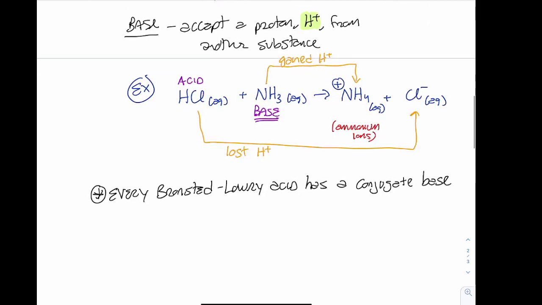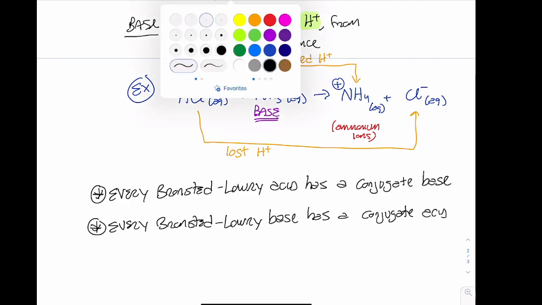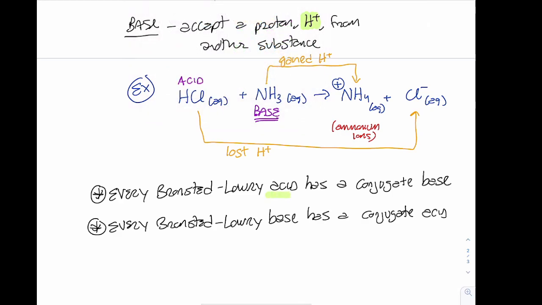And then every Bronsted-Lowry base has a conjugate acid. And the conjugate acid-base pairs, so by pairs I'm saying this acid with its conjugate base, that would be a pair. And then this base with its conjugate acid, that would also be a pair.